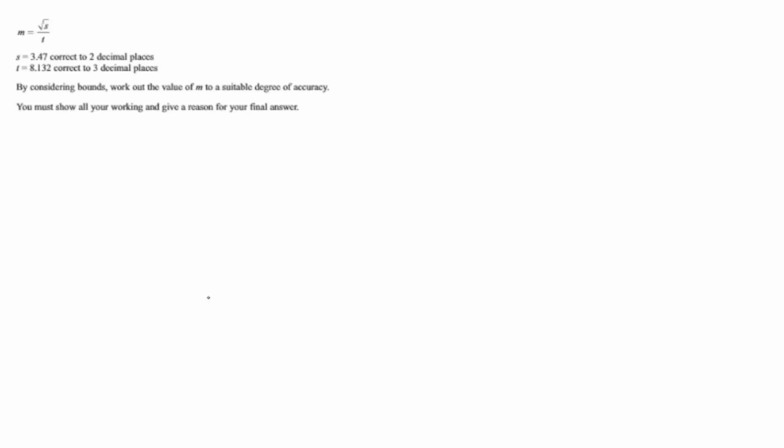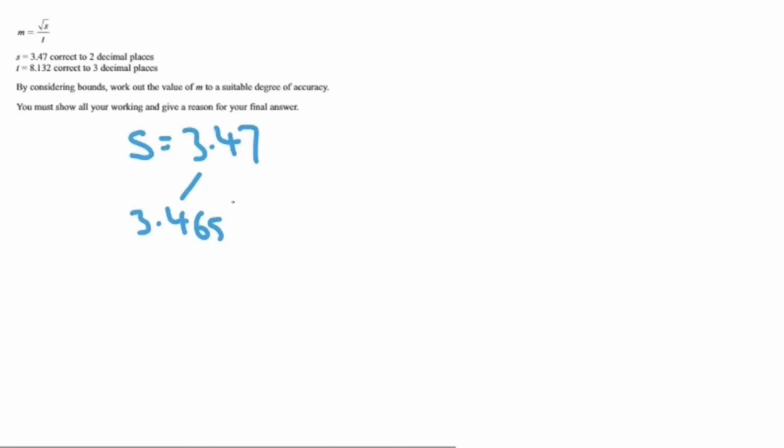Here though, because now we have numbers that are being put into an equation, we'll have to consider which bounds we want to take of each letter in order to get the maximum or the minimum m. So starting with s, if that is 3.47, and that's in 2 decimal places, the lowest value it can actually be is 3.465, because they've added a 5 on the end and the 7 has gone down by 1.